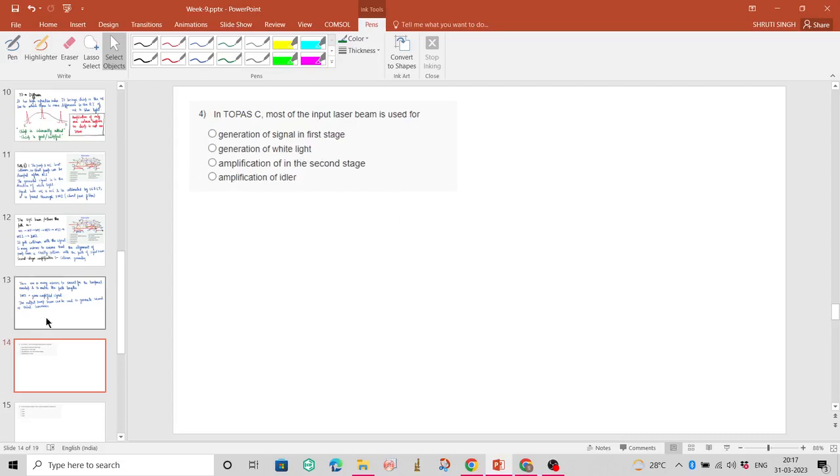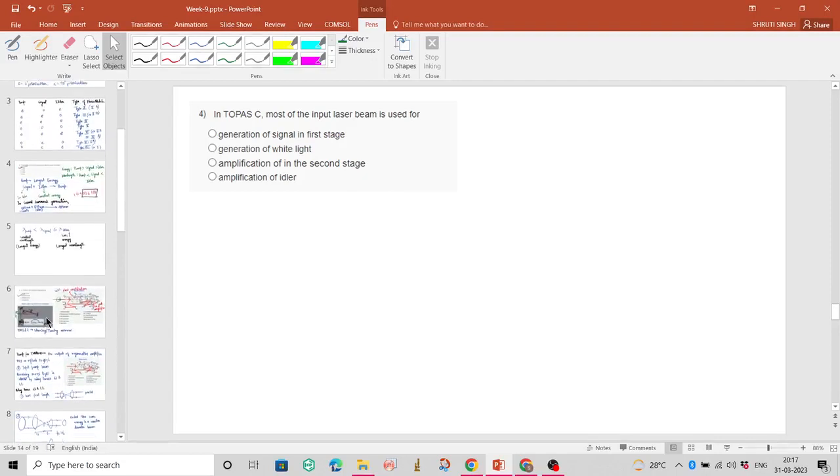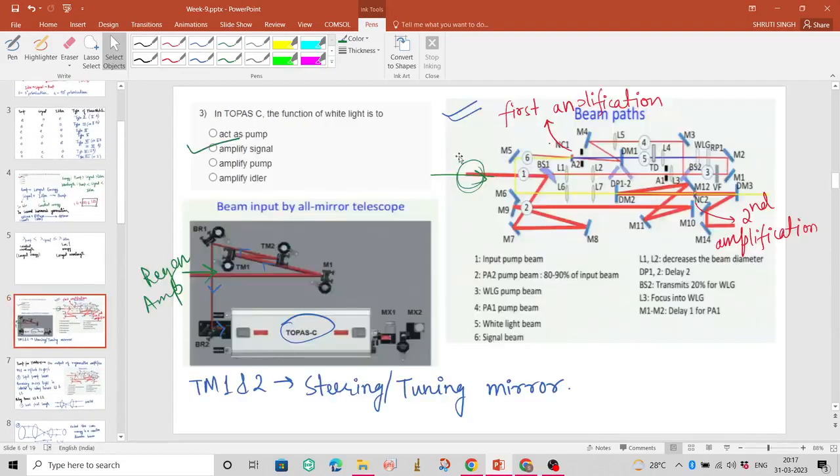So it is asking about the beam which we reflect at the first point, which gets reflected after the beam splitter. So you can see this is the most of the input beam going here, shown in thick red color. This part of the beam is used for the second stage amplification. I have written over here second amplification. It does not go to generate the white light, not to amplify the signal at first.